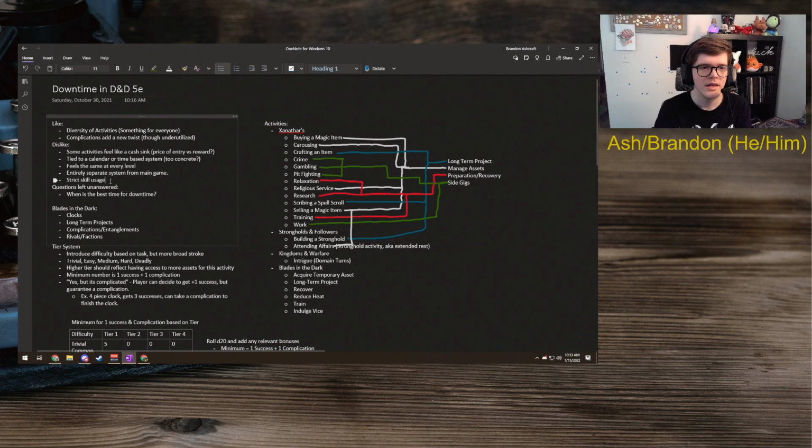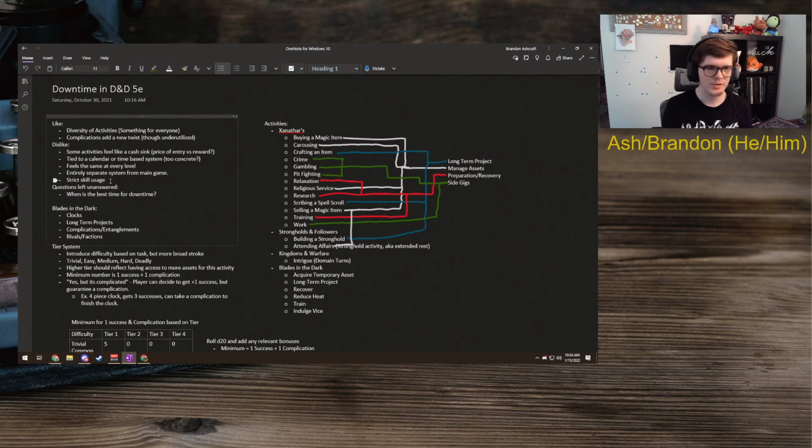Then the system feels entirely different from the main game. There's not too much you can do about that, but if you make it a part of your session, then it becomes more fluid.